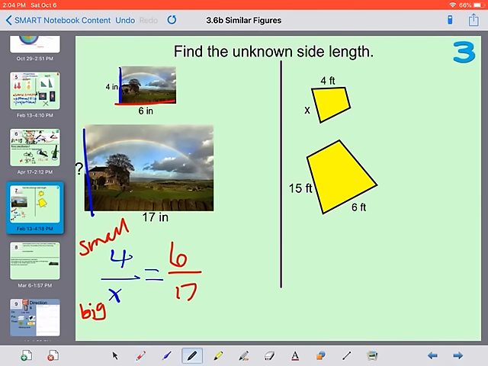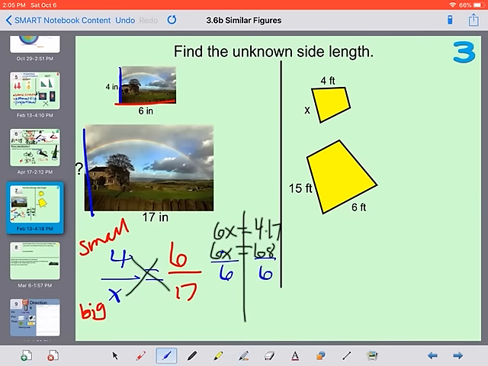So when we cross multiply, we have x times 6, which is just 6x, and then 4 times 17, we would need to multiply that out. So when I multiply that, 4 times 17, we get 68. And then the opposite of multiply here is divide.